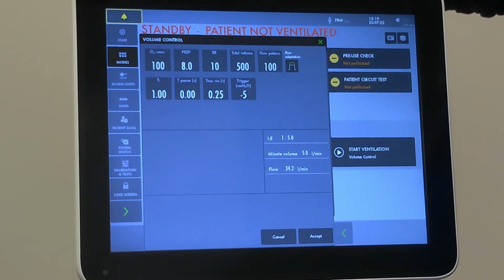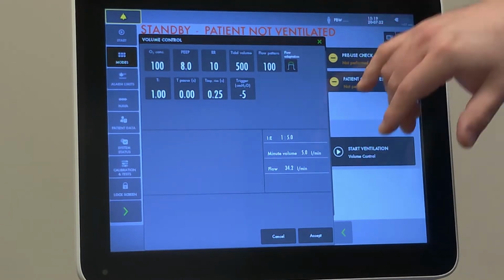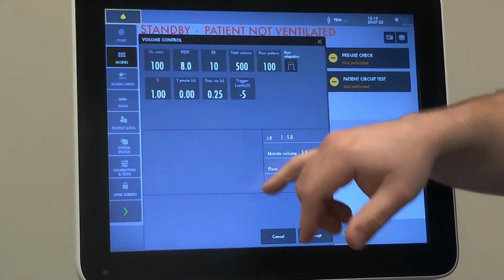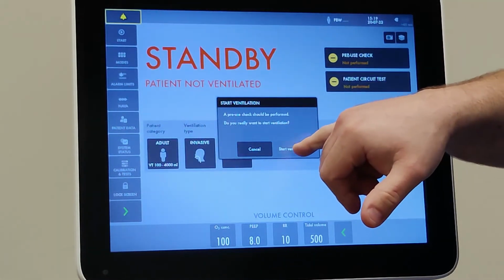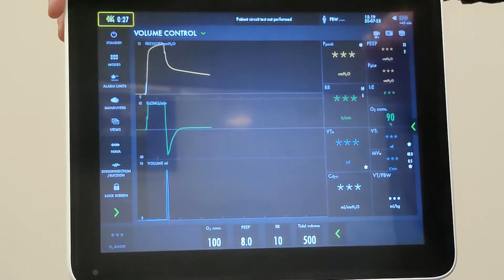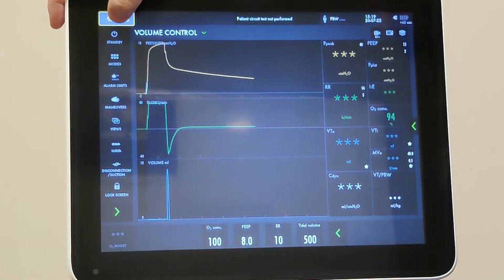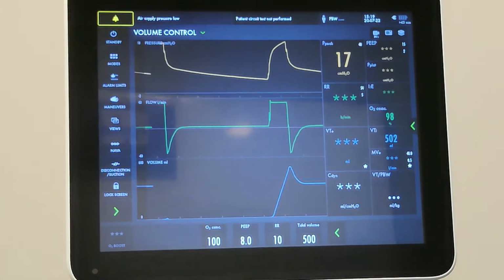If you're looking to affect the patient's oxygenation, you want to go after the FiO2 or the PEEP. Now, we'll go ahead into this mode so you can see it on the pig lung. Okay, so we're in volume control now.